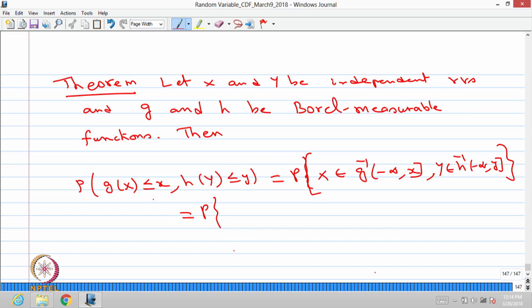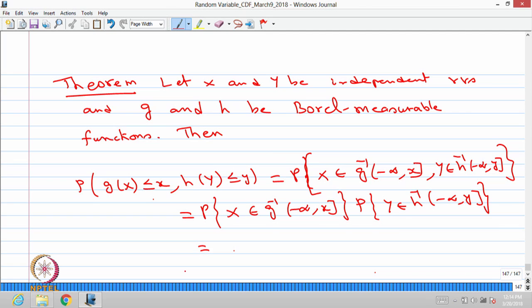We know that the random variables X and Y are independent. Since X and Y are independent, for X belonging to some Borel set and Y belonging to some Borel set, the probability of that is the same as the probability of X belonging to the Borel set, that is g inverse of minus infinity to small x, multiplied by the probability of Y belonging to h inverse of minus infinity to small y, because X and Y are independent.